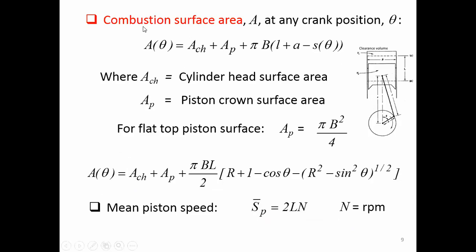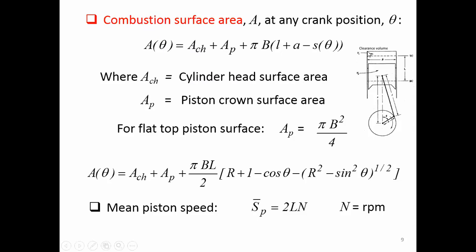Okay, so the combustion surface area at any crank position theta can be represented by this expression, which consists of what? Consists of A with the subscript CS. CS means cylinder head. Okay, so A_CS represents the cylinder head surface area.